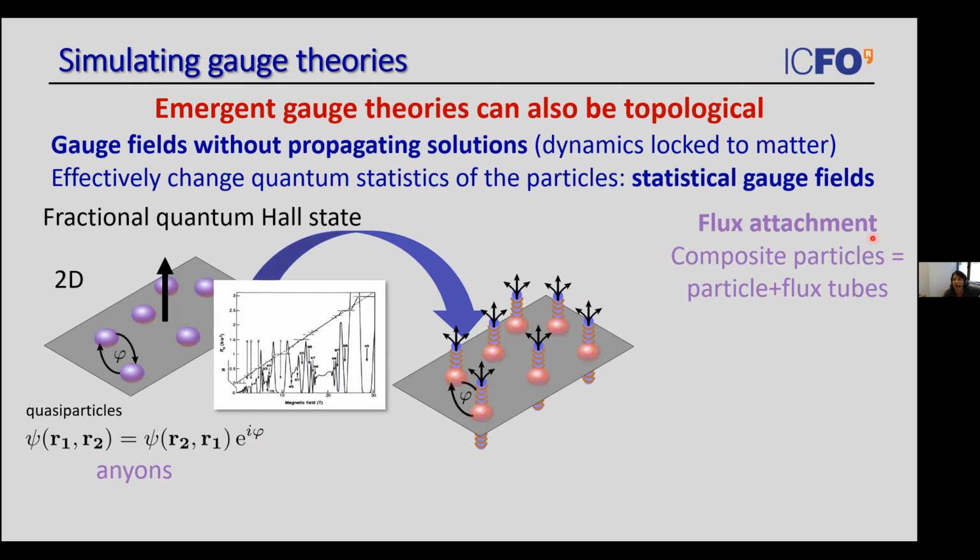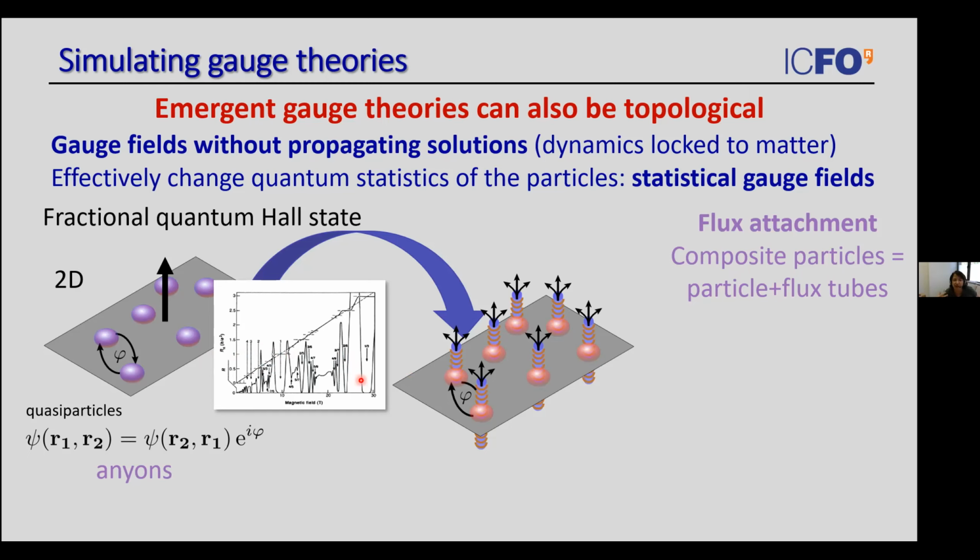This is called flux attachment because the particles grab flux tubes of this external magnetic field and form some new particle, a composite particle. This composite particle is like a fat electron. It has its own cyclotron orbits, its own Landau levels, and you can understand the fractional quantum Hall plateaus as the filling of the Landau levels of these composite particles.